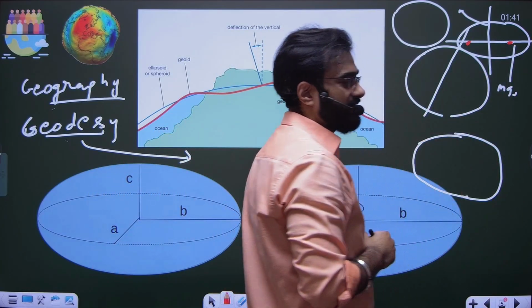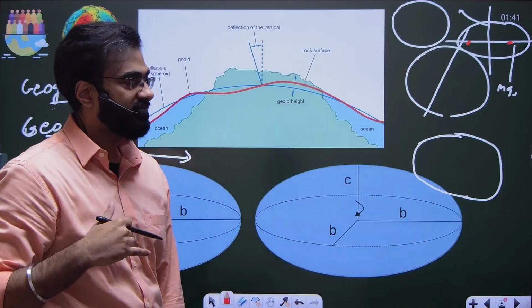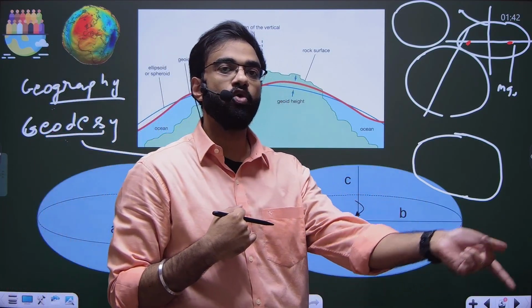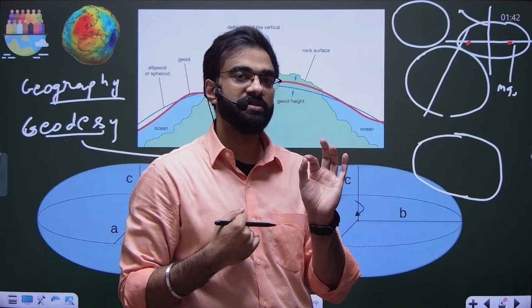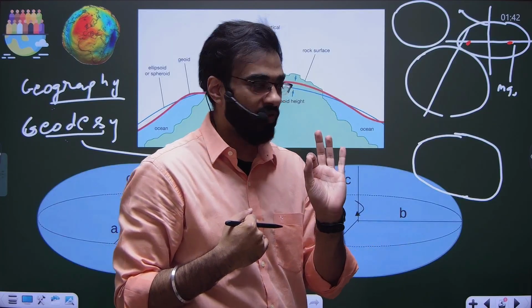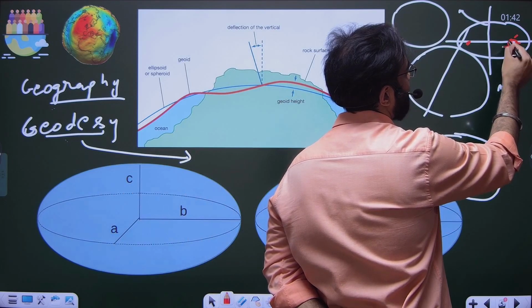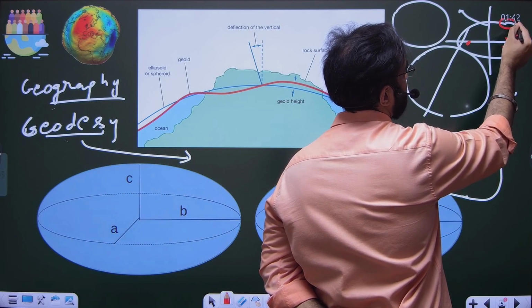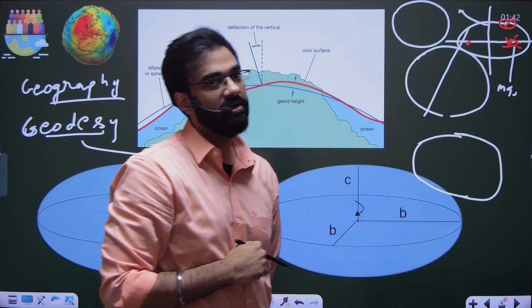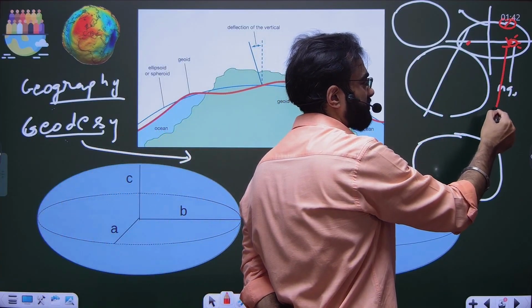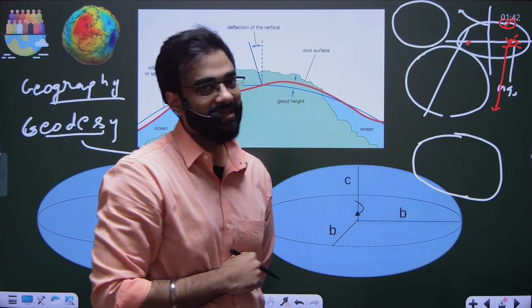Earlier, when geography came into being, it was assumed that the Earth and other planets revolve around the sun in a circular orbit. Now we all know that if we assume the sun to be at this place, then the Earth revolves around it in an elliptical orbit. So you might have heard terms like aphelion and perihelion.